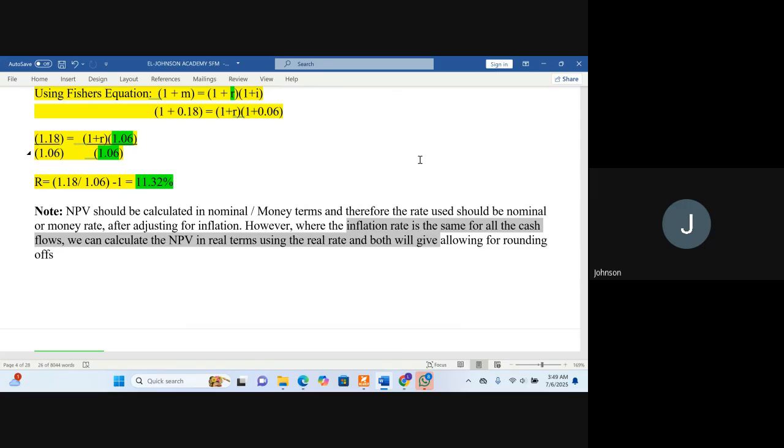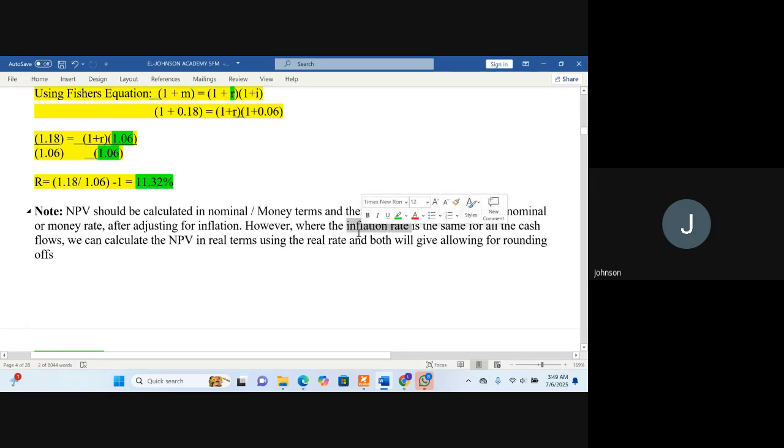Now they say in that case, you need to make sure that you calculate your NPV. The only time when your NPV can be calculated without inflation is when the cash flows that you are given all have an inflation rate that is the same.